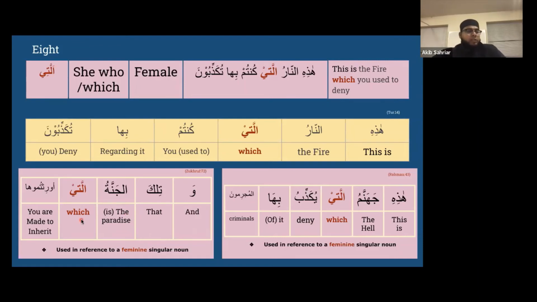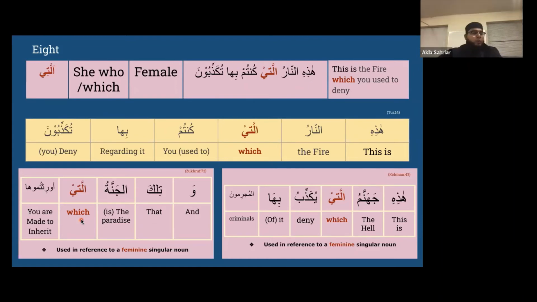Allati, which is what? So now Allah is going to talk about what's connected to that Jannat, or who's going to inherit it, or who's going to get it, right? Just like in the previous examples, the criminals, mujrimun, were being connected to the noun, which was Jahannam or nar.